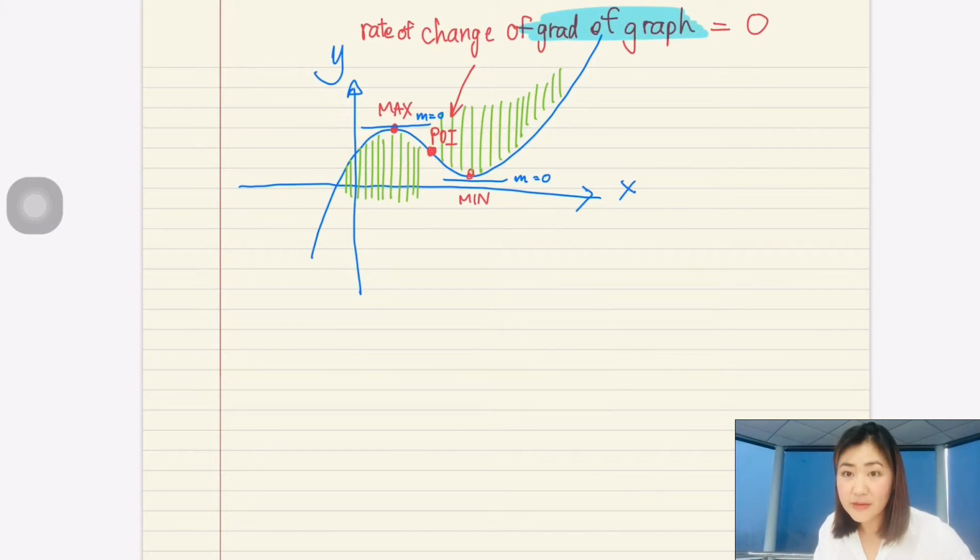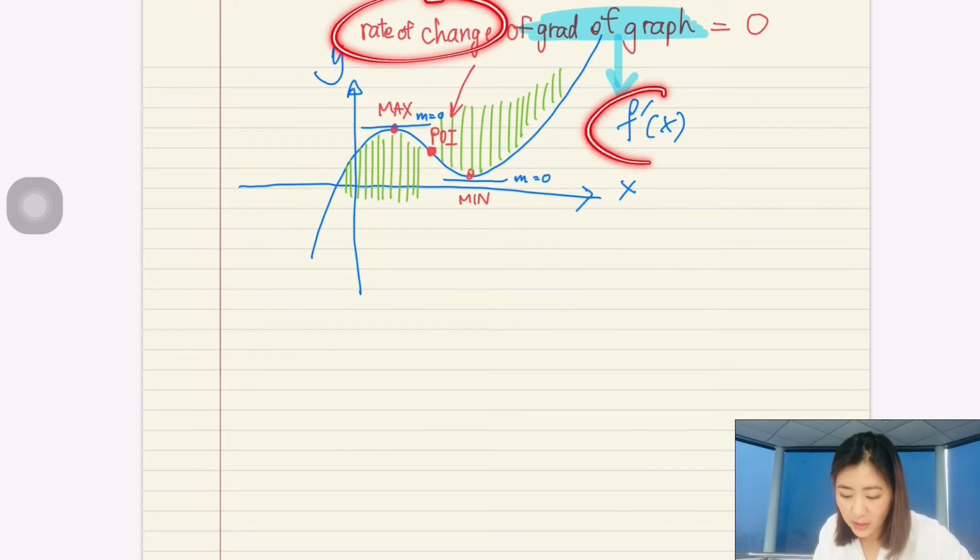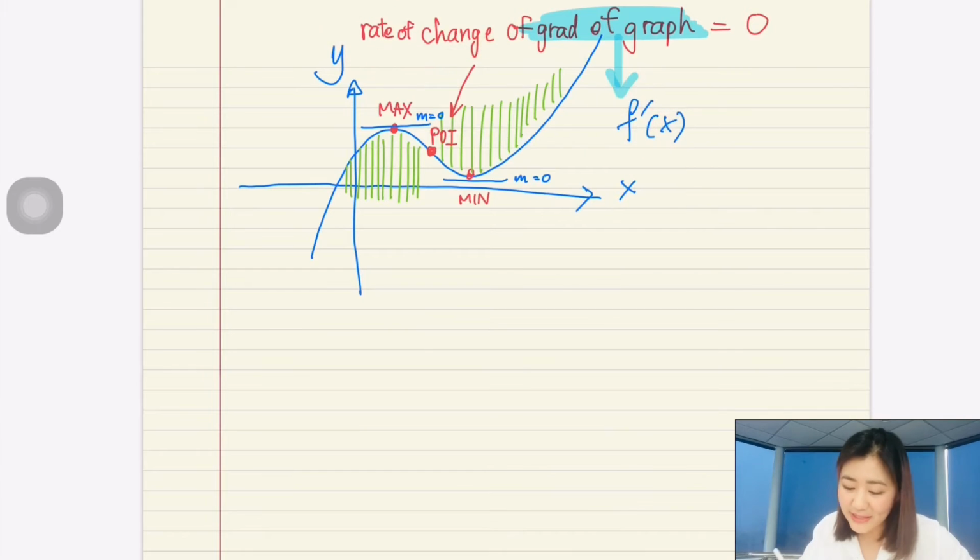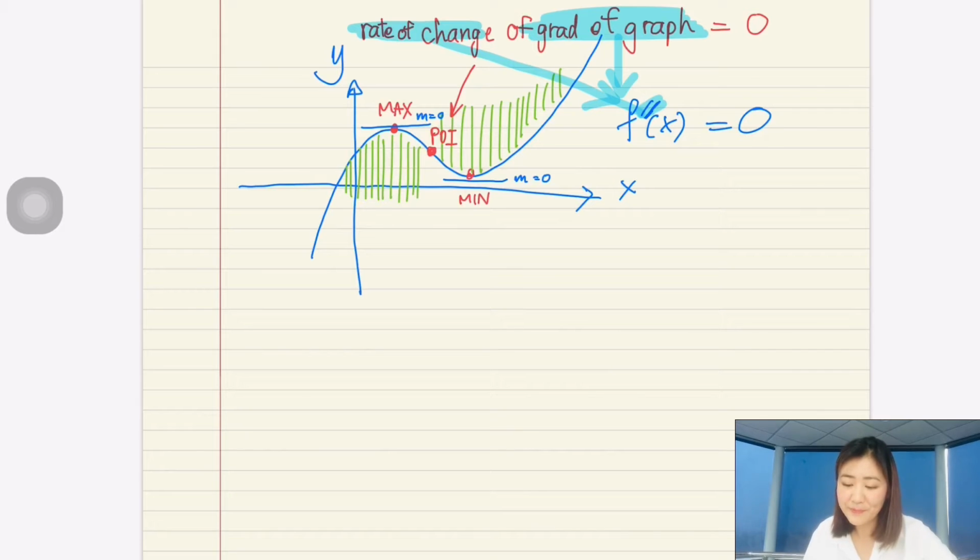The gradient of the graph is the rate of change of the graph, therefore it is f prime x. So when you take the rate of change of this again, you differentiate again, and you get f double prime. Here you get f double prime equals 0.